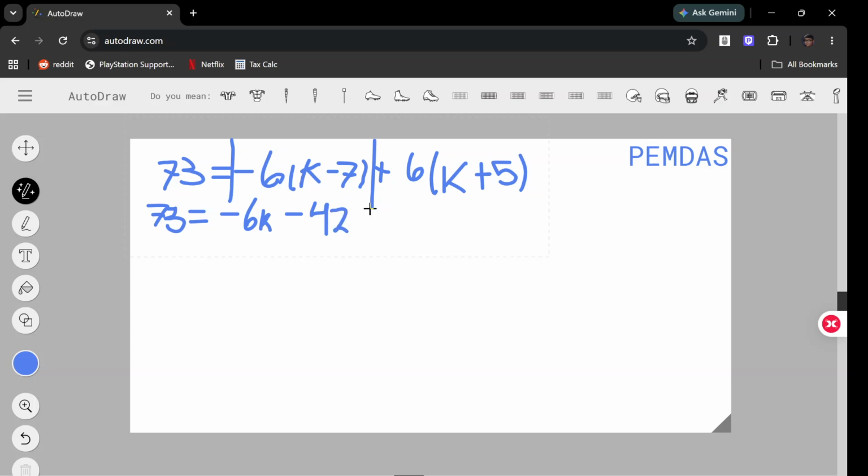So we do 42 plus 6 times k, that's just 6k, plus 6 times 5 is just 30.